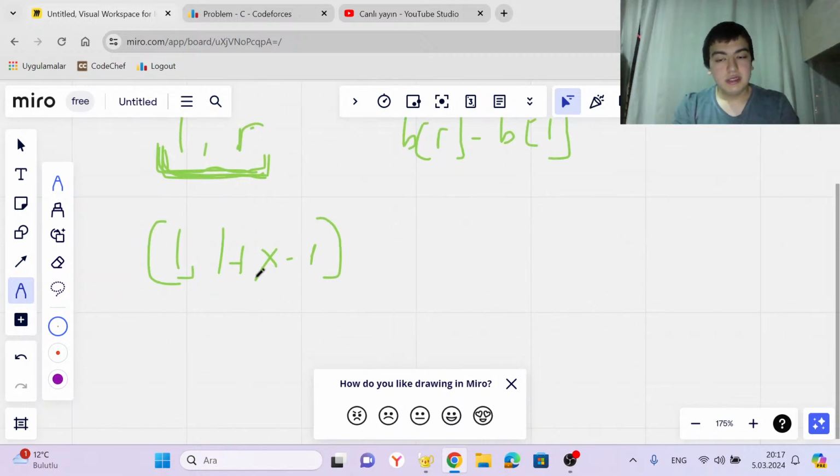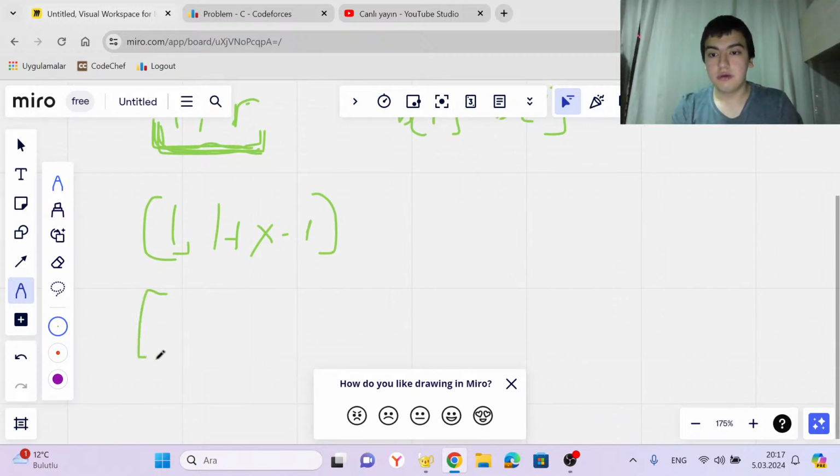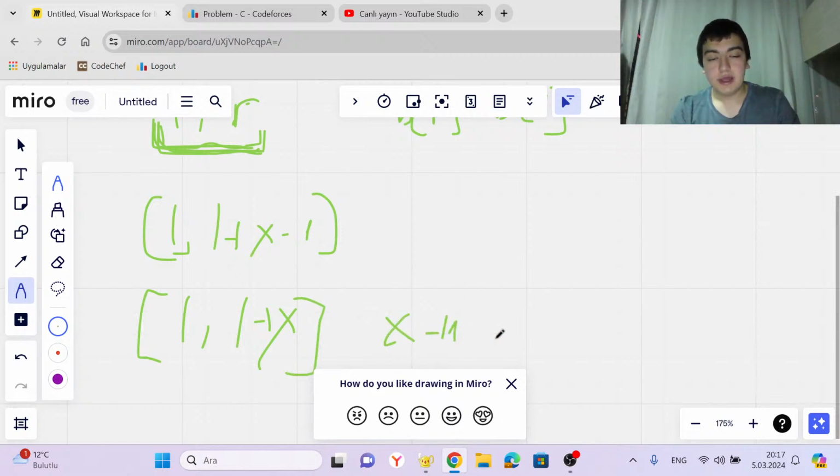When I increase this value and lengthen the interval, I will get L to L plus x. So there are x plus 1 elements. There is one more element, but I need to choose x elements.